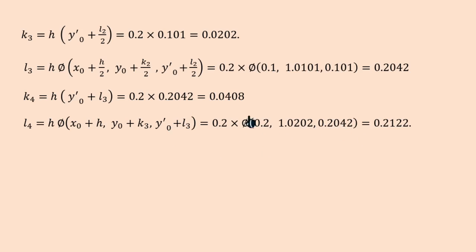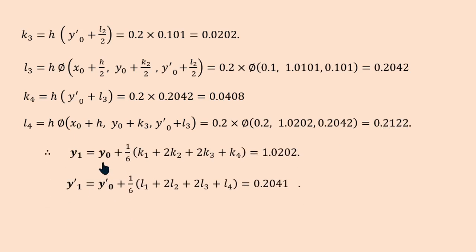Next step is 0.2 bracket open 1.0202 plus 0.2 into 0.2042. So that becomes 0.2122.